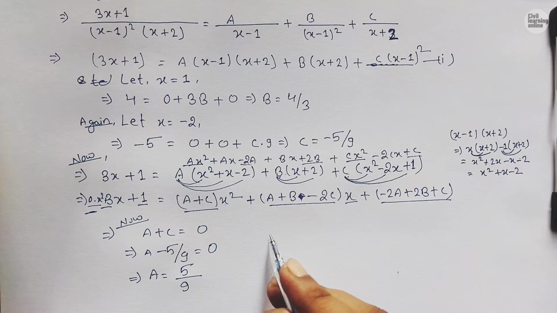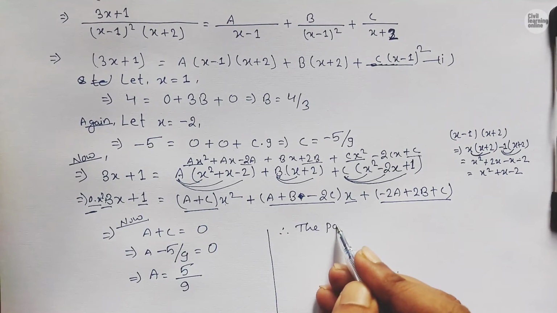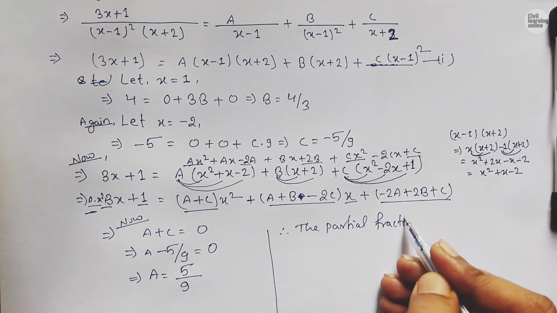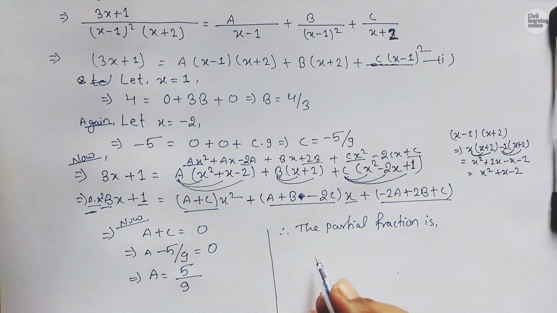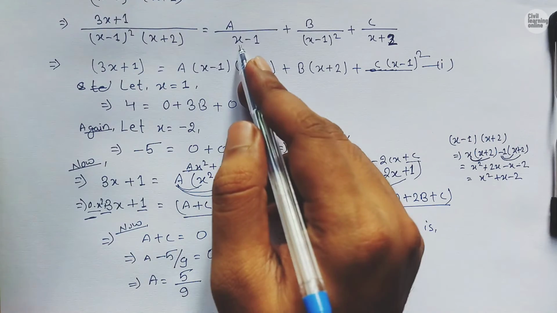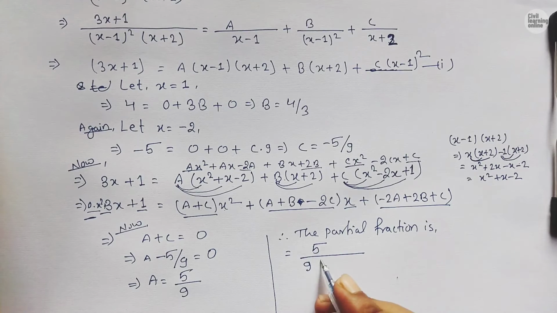Now therefore the partial fraction is, so I am simply going to use the values here. We have here a by x minus 1, so value of a is 5 by 9 times x minus 1.